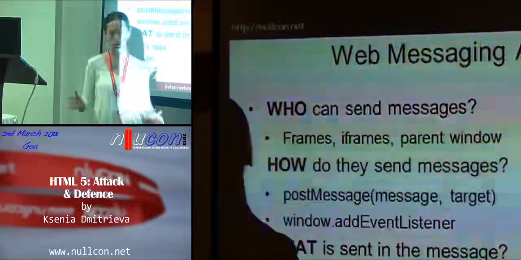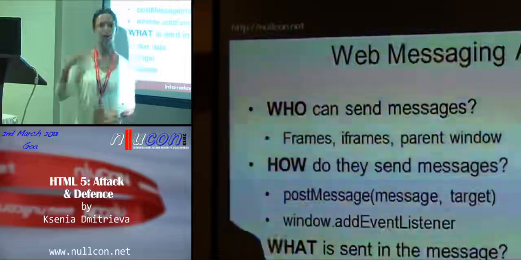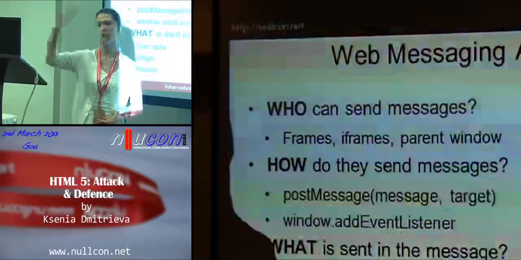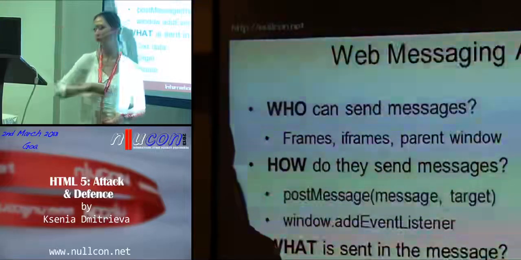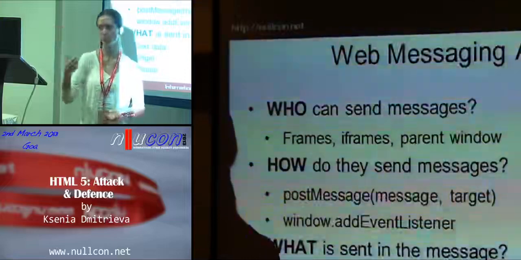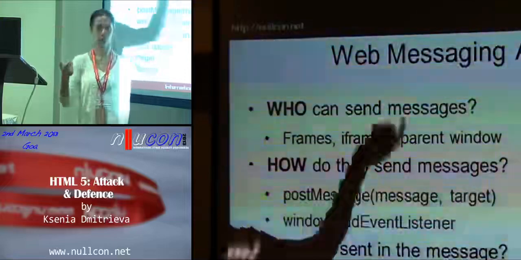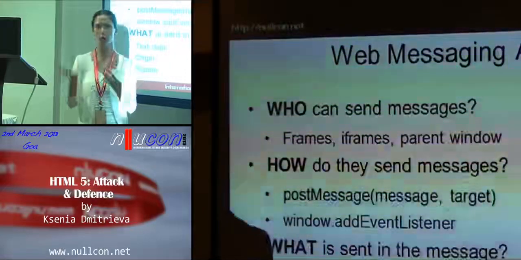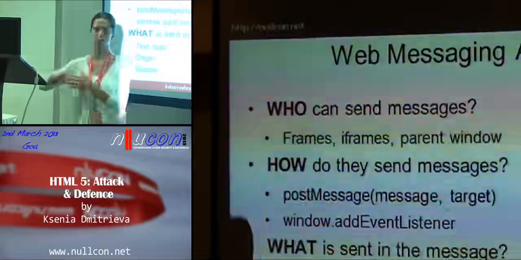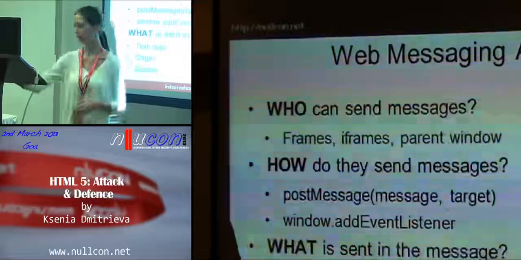So if you have a parent document listening to a function, it receives the message and says event.source, and it will get the JavaScript link to the source that sent the message. So this way you can send a response. You get event.source.postMessage and send something else in the response.